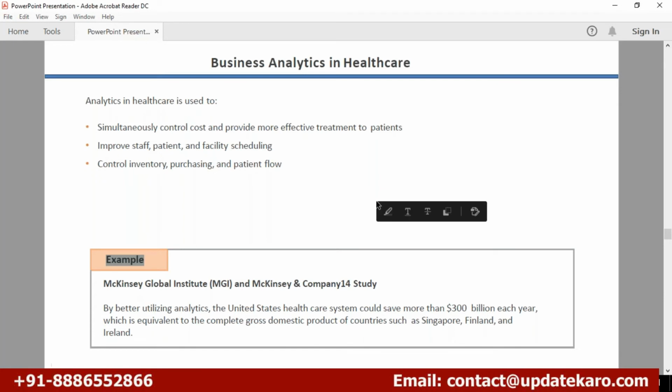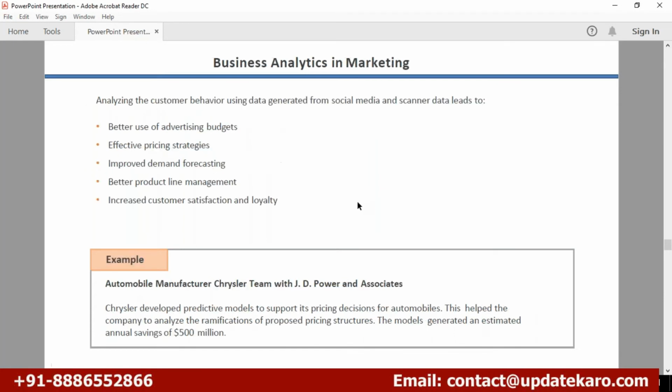Then we have business analytics in marketing. What is the role of business analytics in marketing? So what is marketing first of all?